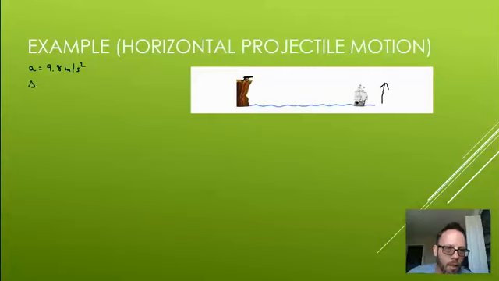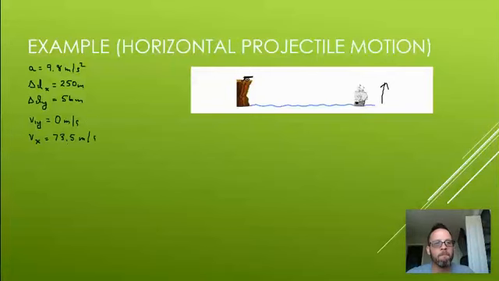We have traveled 250 meters. Our delta dy is 56 meters. Our v1y is 0 meters per second. Our vx we have found to hit the ship, 73.5 meters per second.